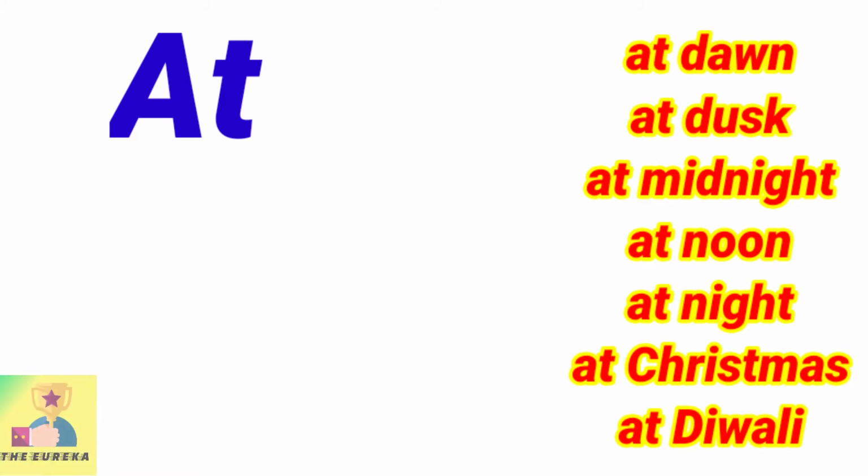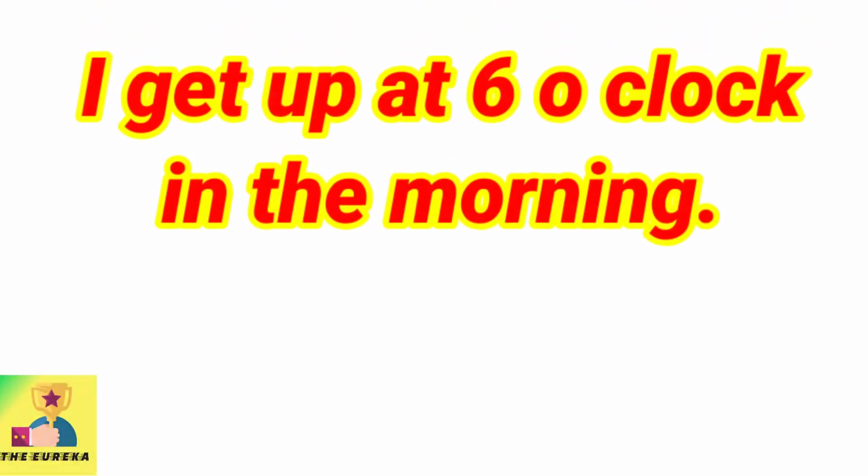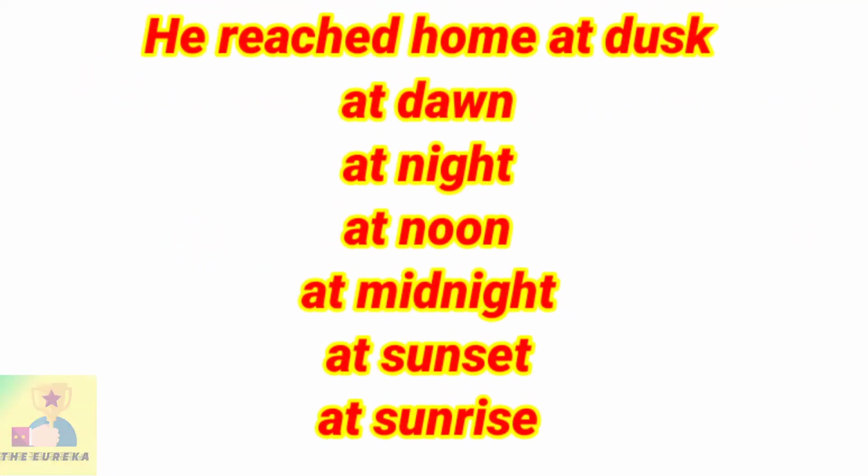Now let's examine the sentences to understand the use of preposition at in detail. I get up at 6 o'clock in the morning. At is used to express the clock time. He reached home at dusk or at dawn, at night, at noon, at midnight, at sunset, at sunrise.